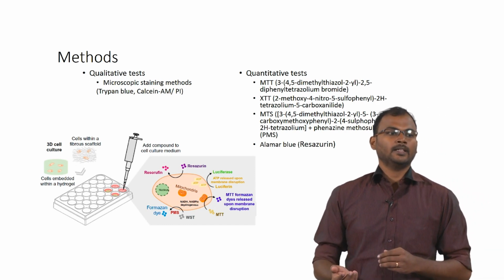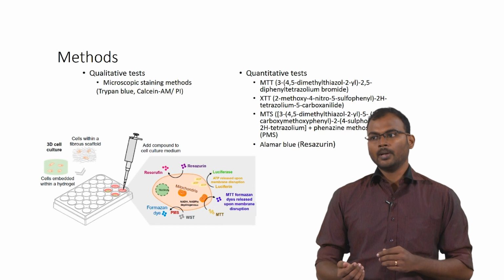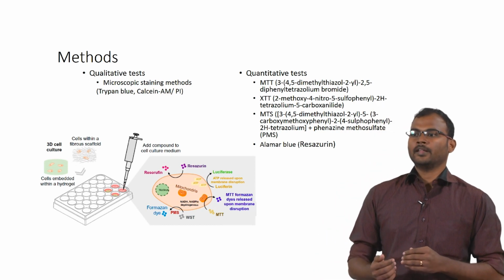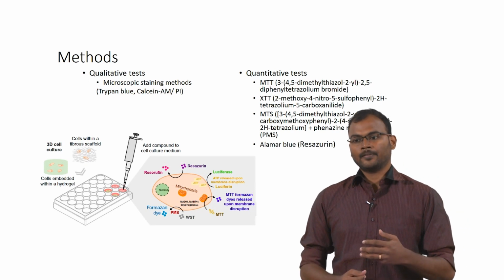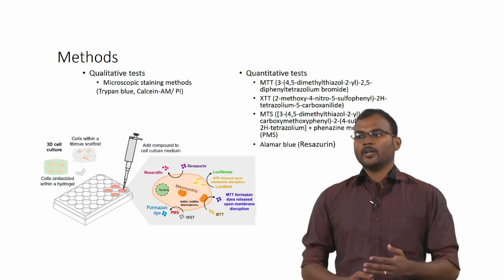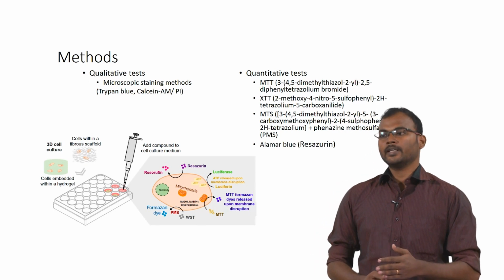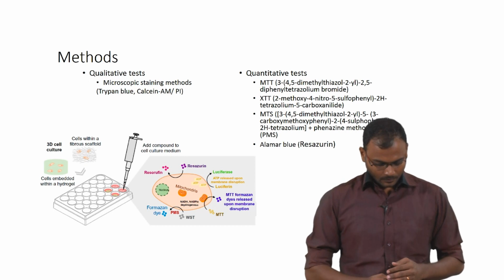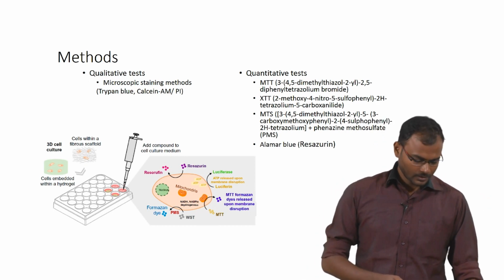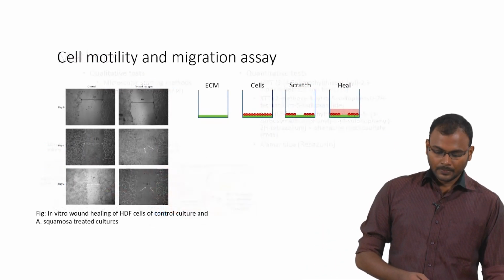If your material is changing the media pH or adding any other colorimetric value to the system, then the results obtained can be false positive. So to avoid that, we should always have the control in all of the assays. So these are the methods for cytotoxicity.